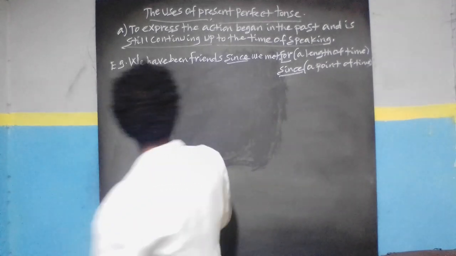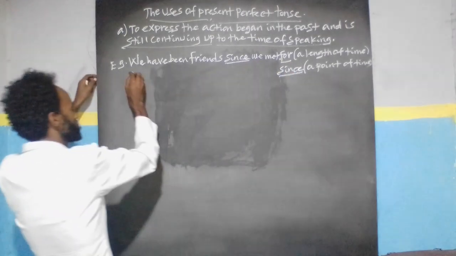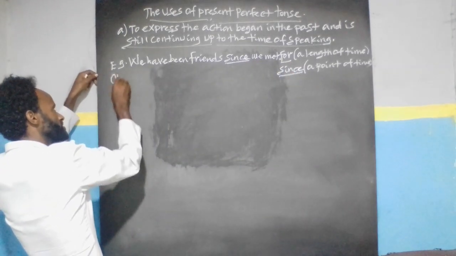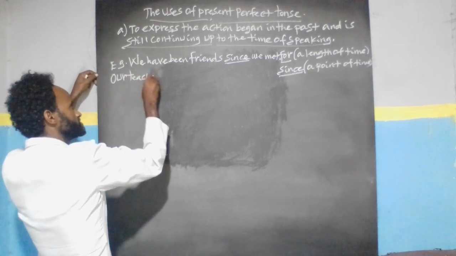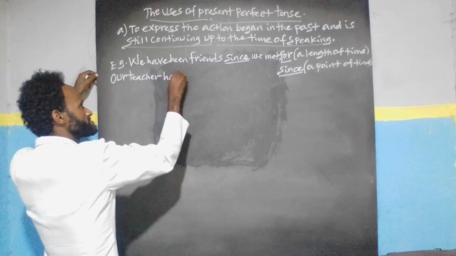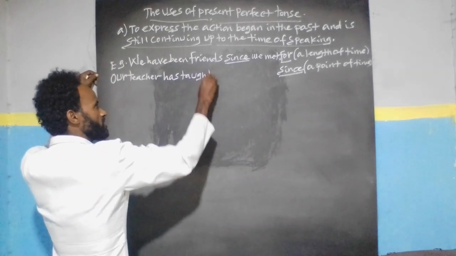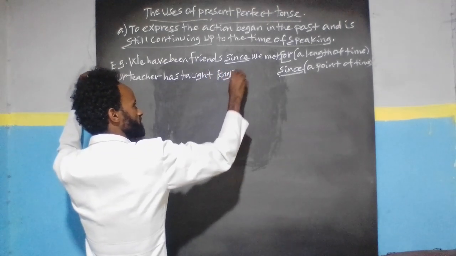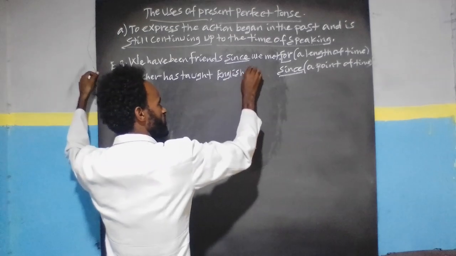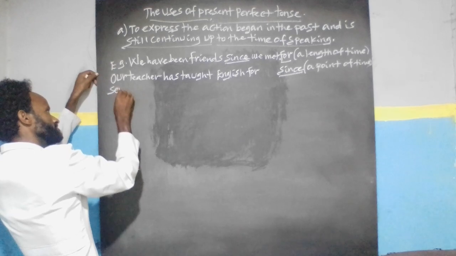For example, if you want to make another sentence with for, you can say: our teacher has taught English for 7 years.